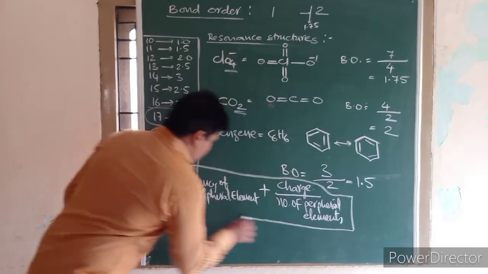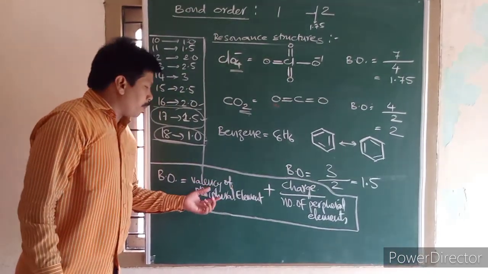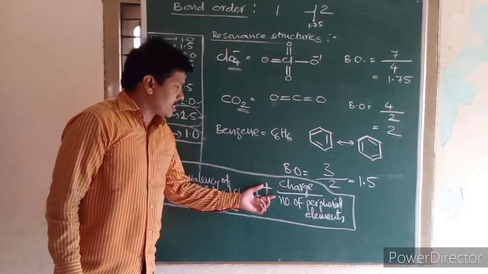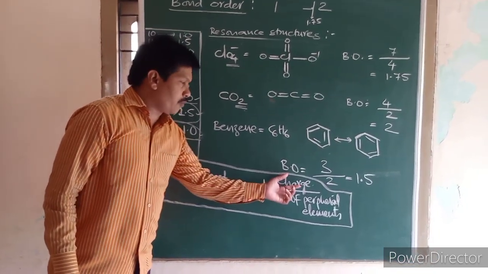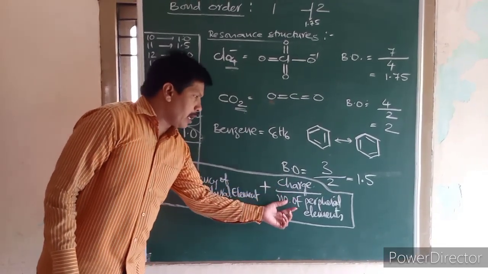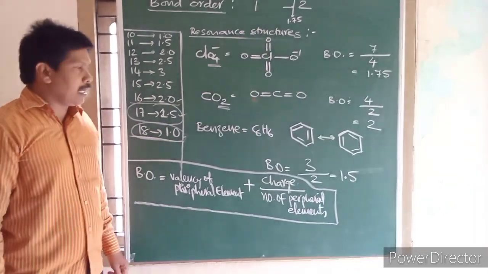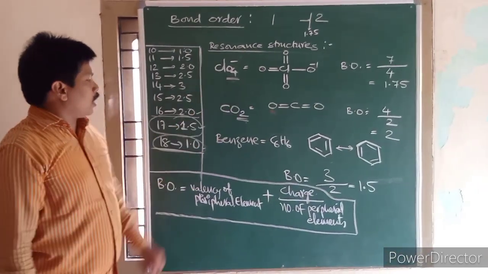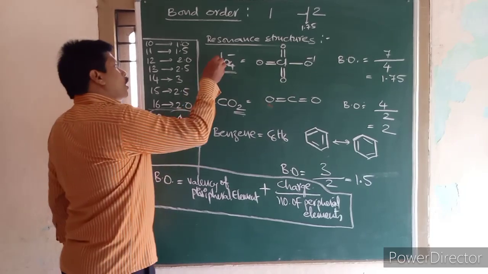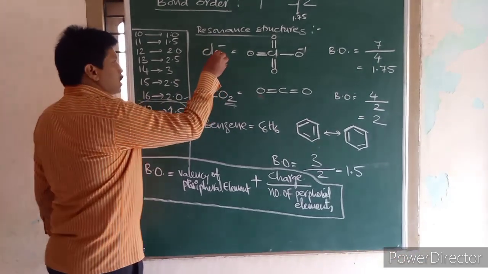Here, bond order is equal to the valency of the peripheral element plus the charge of that ion, the acid radical, divided by the number of peripheral elements present in this acid radical. One example you observe here: chlorine is the central atom and the peripheral element is oxygen.